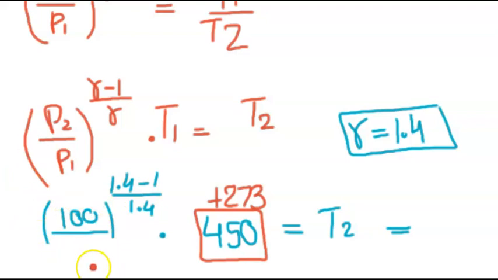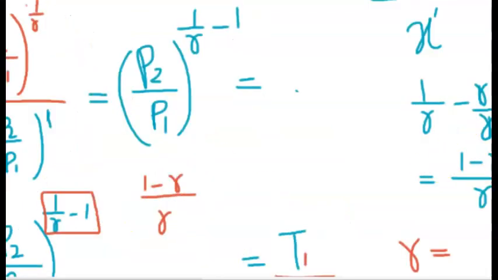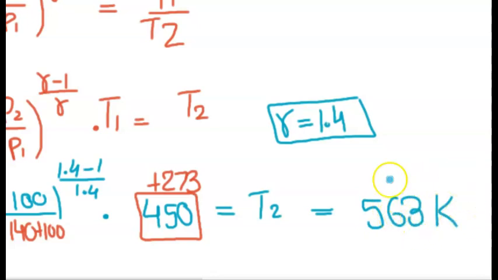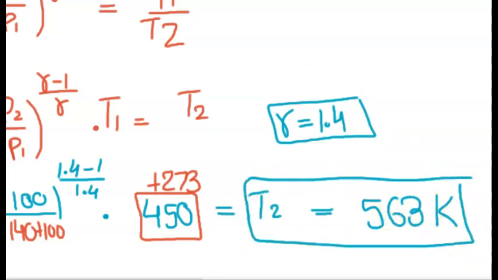So that 140 becomes 140 plus 100. And then you put that in calculator to get an answer. Okay, now we got the answer as 563 Kelvin.